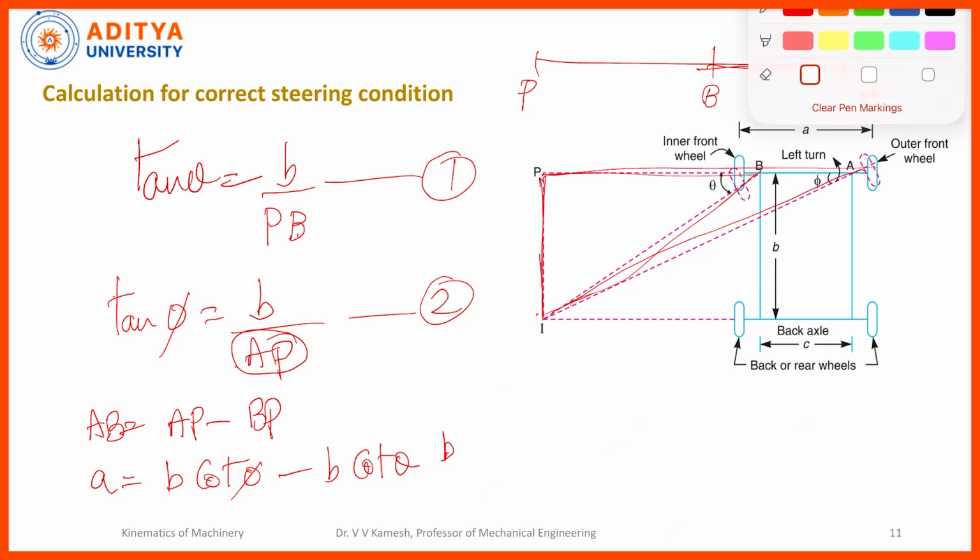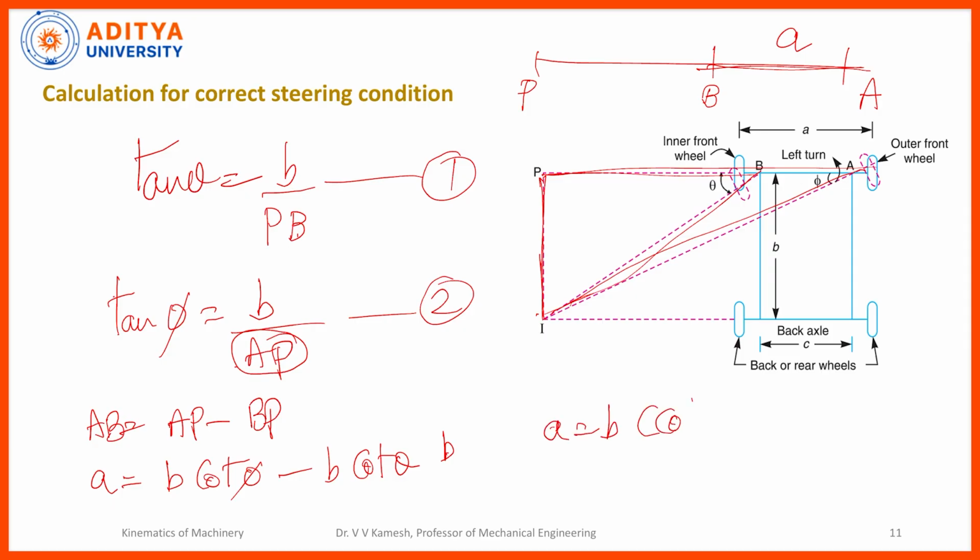Now you can get your answer very easily. A is equal to b into cot phi minus cot theta. So the condition is cot phi minus cot theta is equal to A by b.